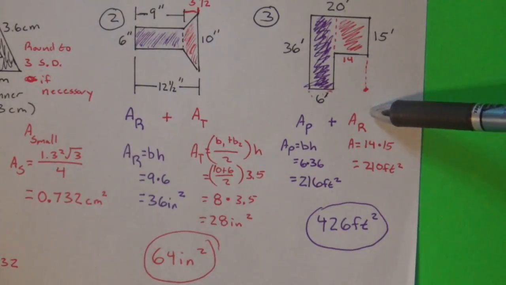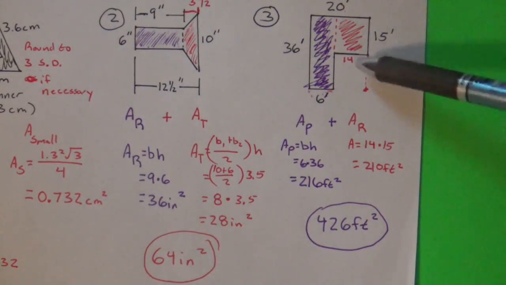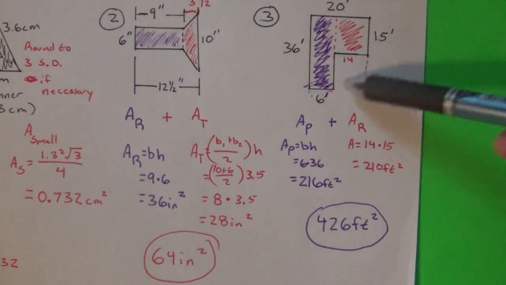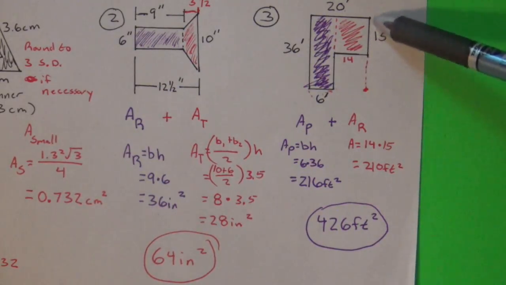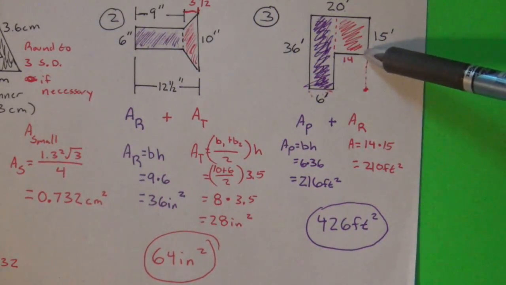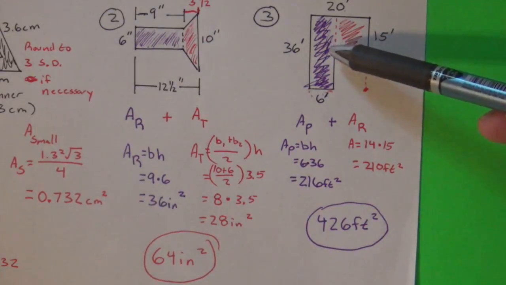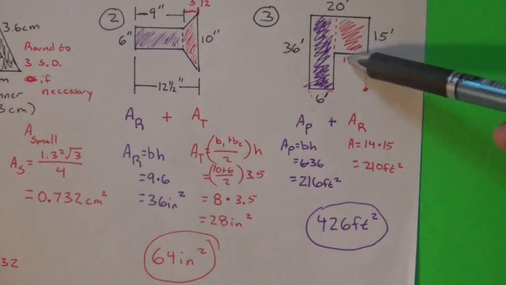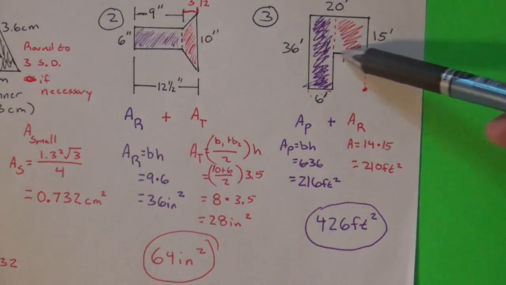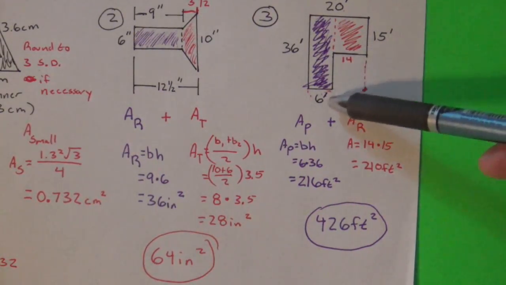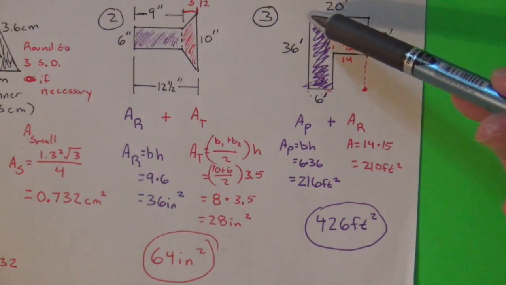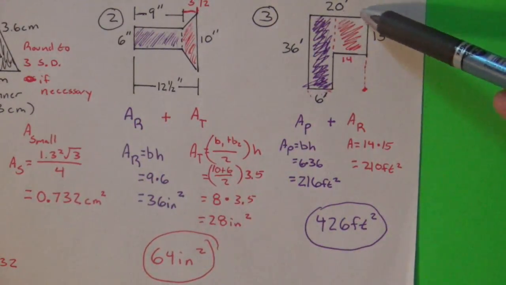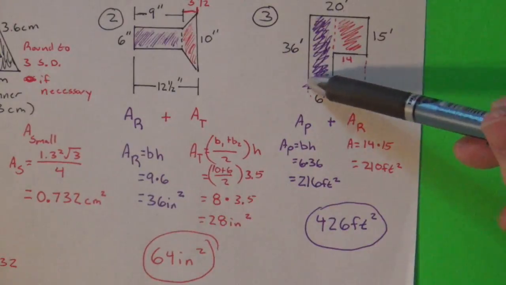My area of the red is a little bit of a harder problem because right now in your picture you only know this distance right here is 15. But what about from here to here? Well, recall something that we did in an early video, how to find these measurements right here. I think we did an early video. Anyway, if we didn't, you know that the entire shape is 20 and this side is just 6.